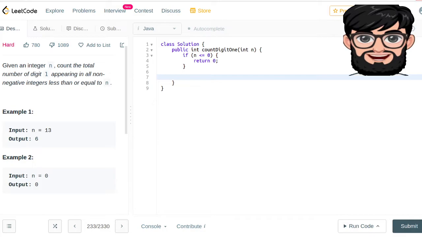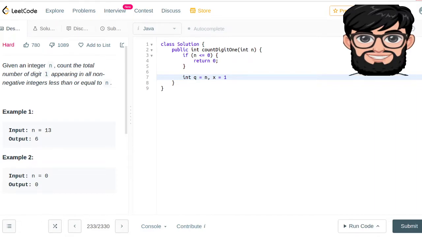Okay, we're gonna initialize a few things. We're gonna initialize our q, which is gonna be equal to n, because every single time we're gonna be dividing the q by 10, so it's a quotient. And then x, which is equal to 1. This is where we're gonna be multiplying, it's a factor of 10 every single time.